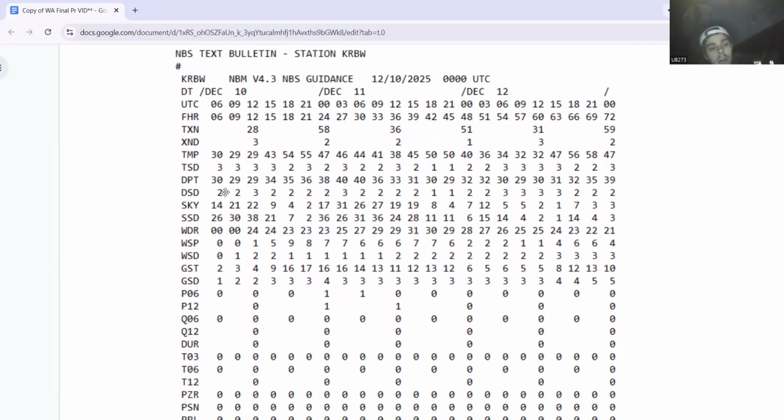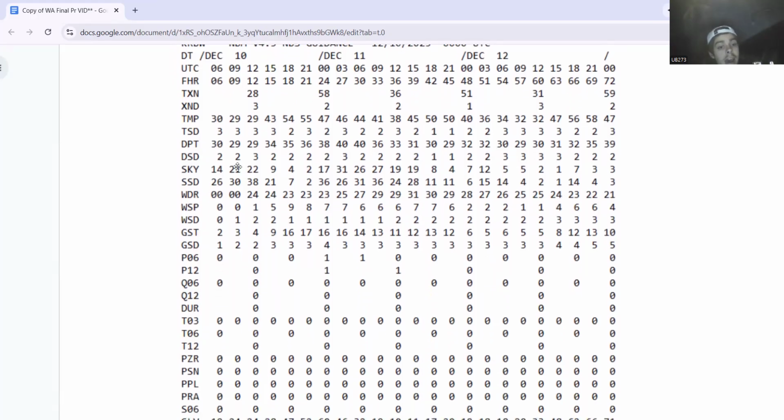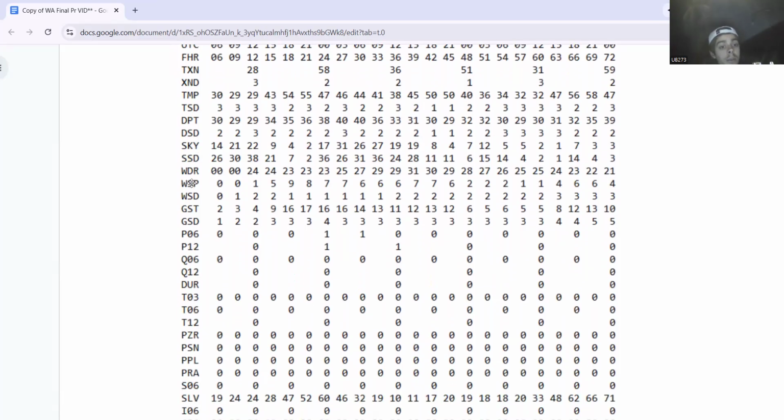TMP is the temperature that was predicted at that time, because it's future, it's forecast. Temperature standard deviation, dew point temperature, dew point standard deviation, sky cover percentage, sky standard deviation, wind direction, wind speed. Wind direction, you add a zero to the number.